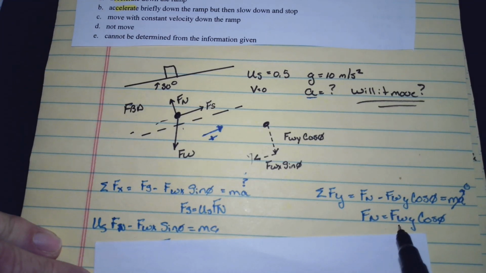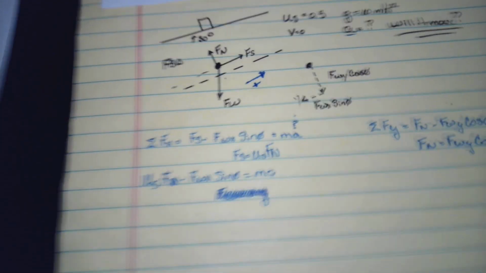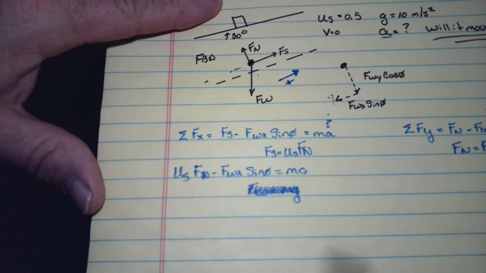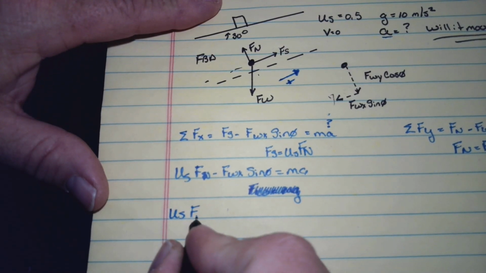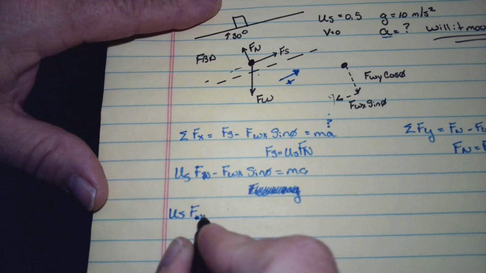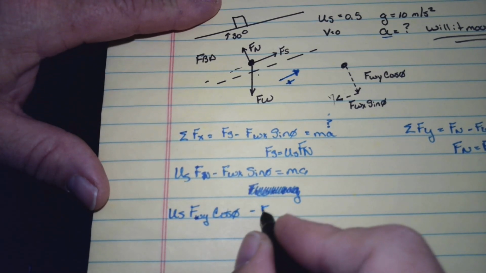So the normal force is equal to the portion of the weight that is in the y direction, which is the cosine of it. So now, let's bring that value over into here. And this is going to be the cosine.